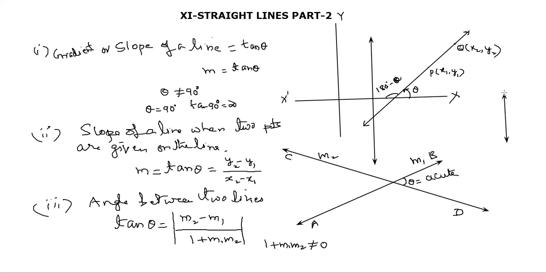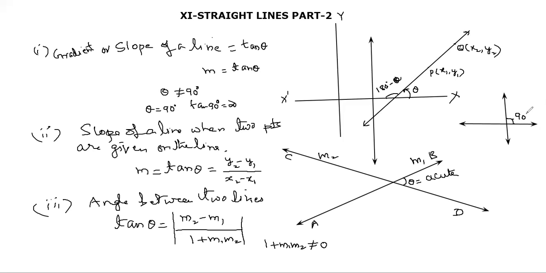One line is this one, and another is perpendicular to this line. Then what will be the angle between them? You know that the angle will be 90 degree.